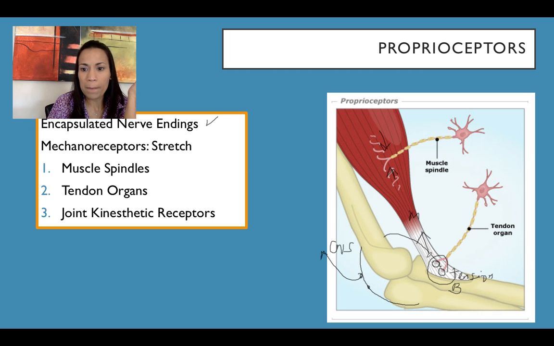So that pulling sensation is the one that is being detected by the tendon organs, also called Golgi tendon organs, and is sent by the same sensory neuron, see, to the central nervous system. Important, where are the bodies of these sensory neurons?